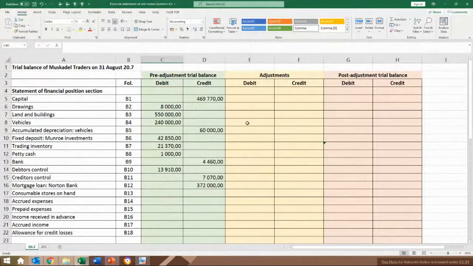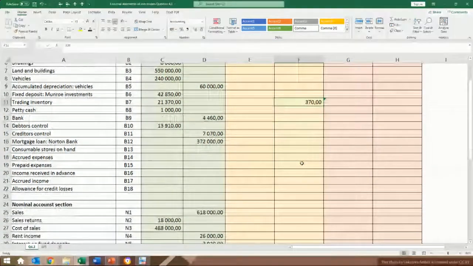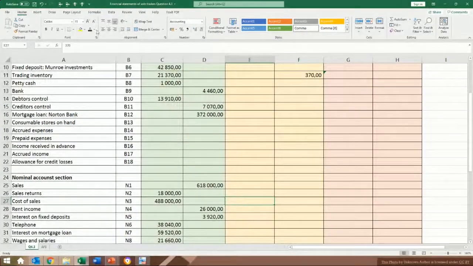So if we go to inventory, we want to reduce the inventory, so we would credit inventory with 370,000. But because it's an additional expense, we would then debit the cost of sales and increase the cost of sales, because the inventory amount was incorrect.